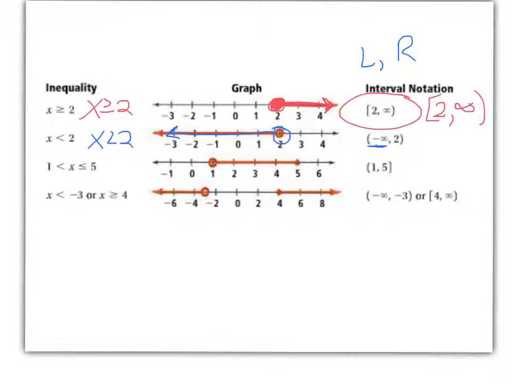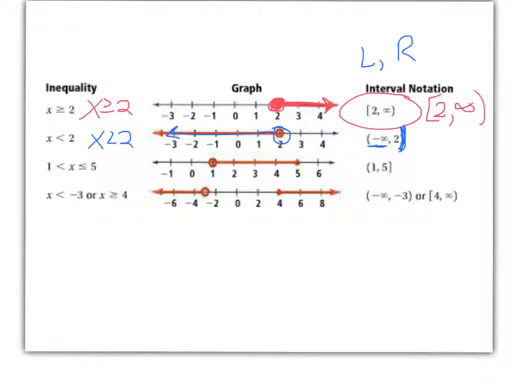And the right boundary is 2, but this time it has a curved bracket on it because you're not actually including the 2. So the curved bracket goes with open circles. The squared off bracket goes with closed circles.